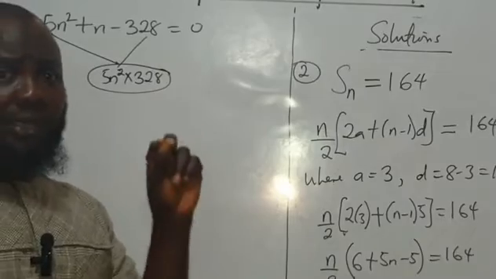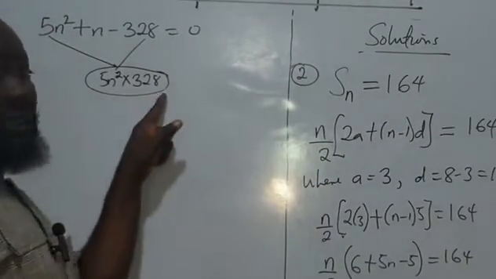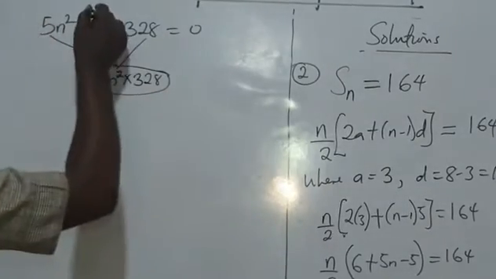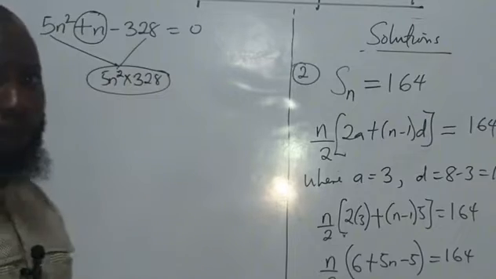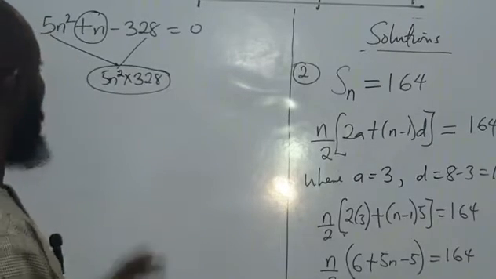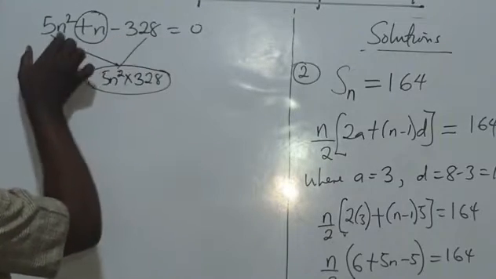When you multiply them together, it will give you the product here, and when you add or subtract them, it will give you what you have at the middle here. Now, this is the method that I will advise you to use when you have a very large number here and this number here.